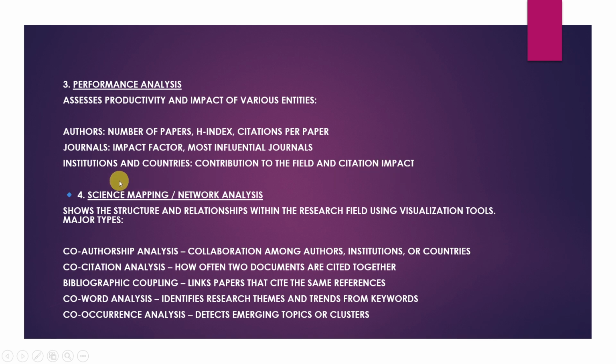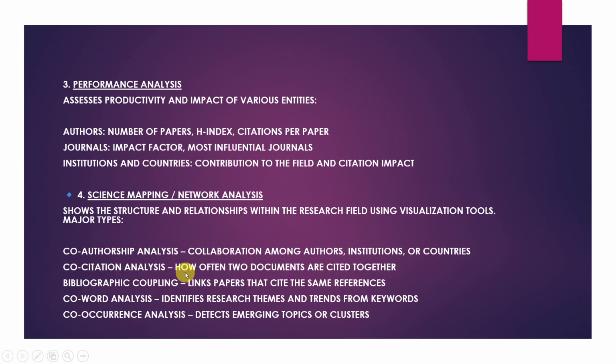Next, you have scientific mapping and network analysis. It shows the structure and relationships within the research field using visualization tools. For example, co-authorship analysis, that is collaboration among authors, institutions, or countries on a particular domain or topic.